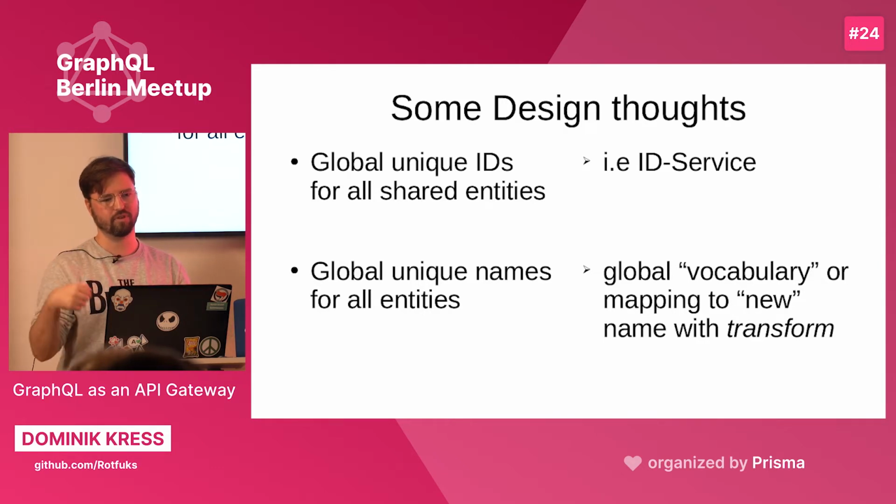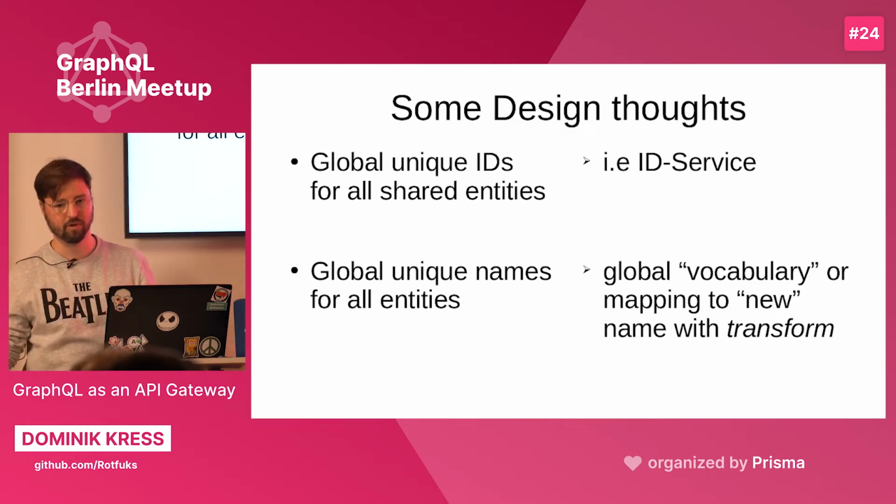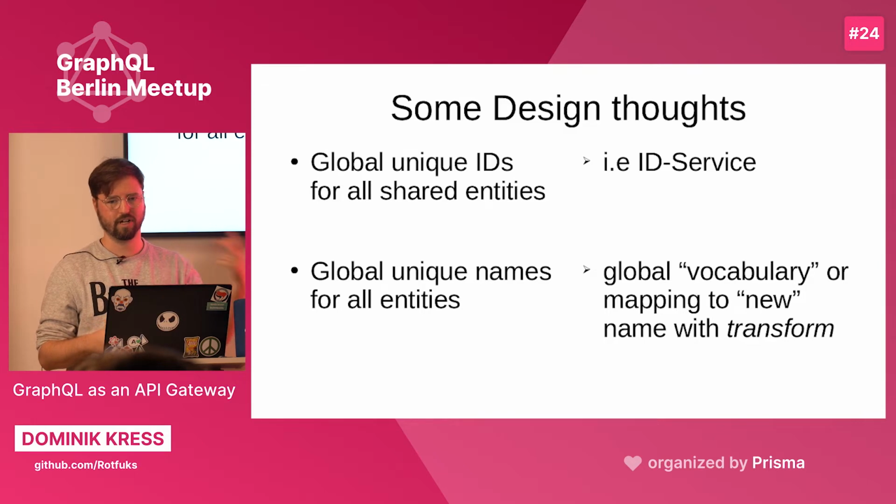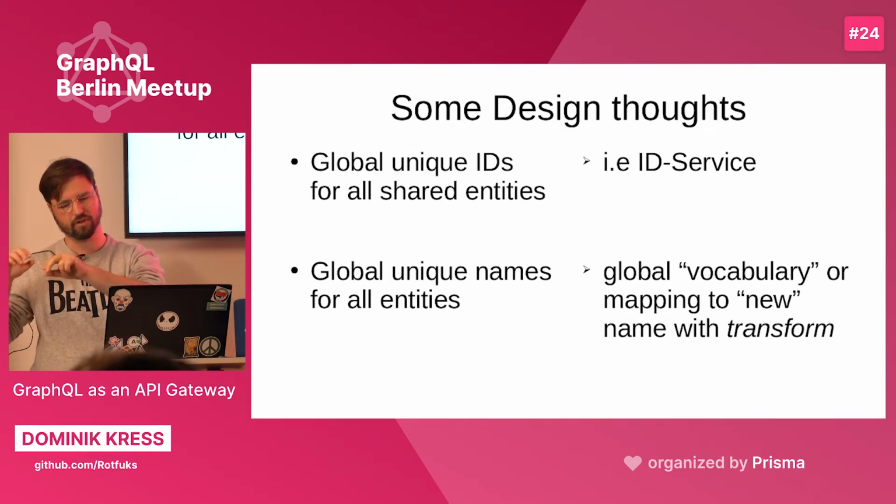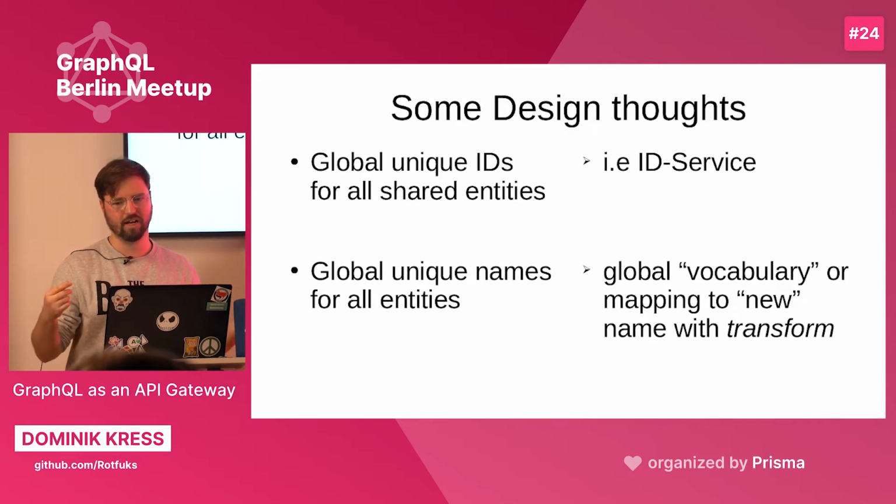On the other hand, you need globally unique names, because if you merge the schema, one entity can have just one resolver against one of the remote schemas. So in our case, we have customer in the one service and customer in the other service. We can just resolve against one of those remote schemas with customer. We cannot resolve against both and then merge them together. So you really have to make sure that different entities in different services really have different names, or else they will override each other.